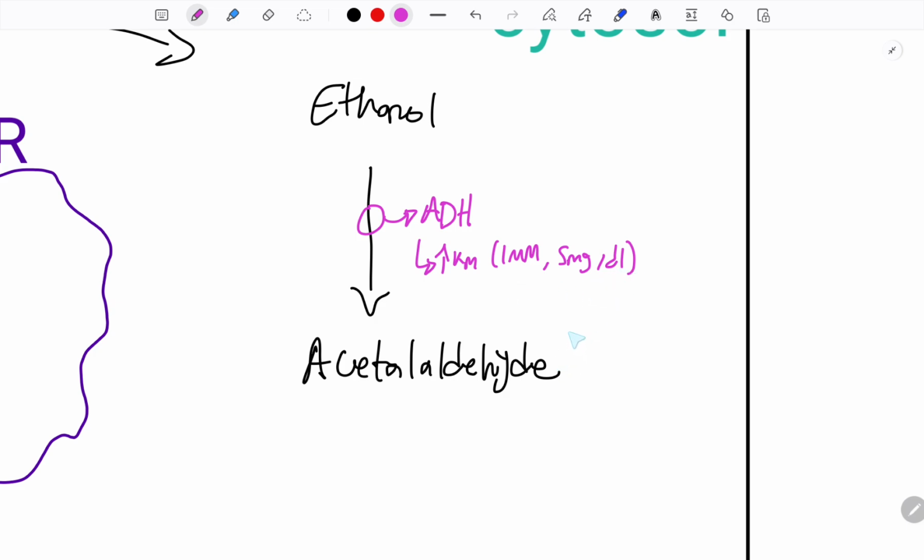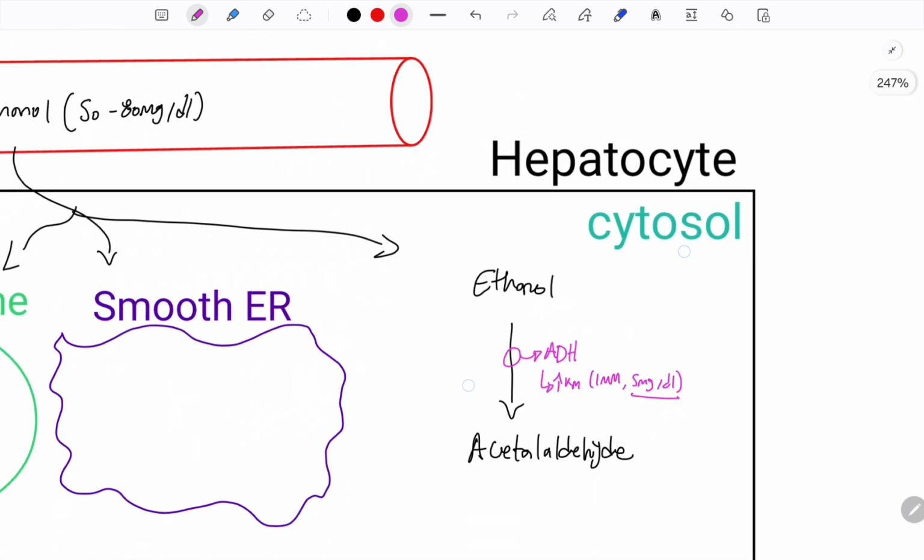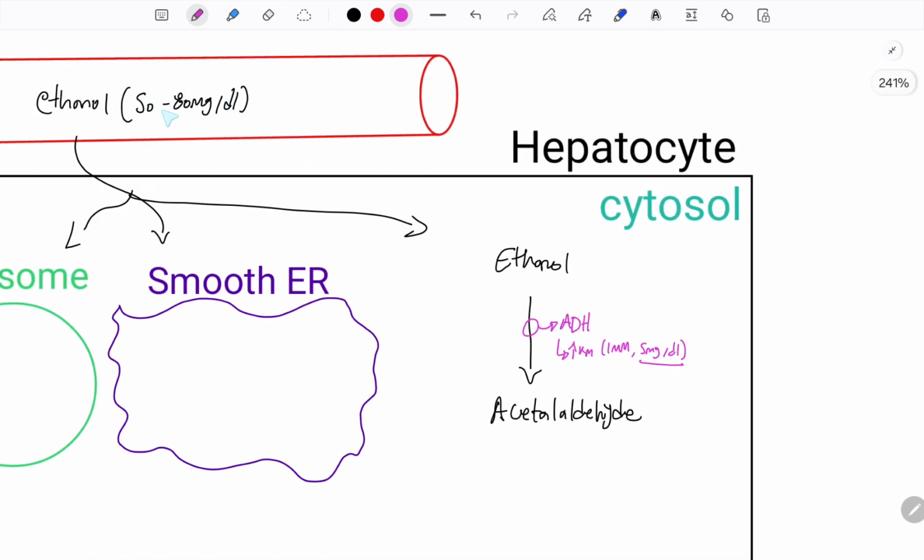Okay, what does this actually mean? This means that this enzyme has a high affinity for oxidizing ethanol, but doesn't have too high of a capacity for it. So remember I told you that the circulating level of 50 to 80 milligrams per dL can be toxic.